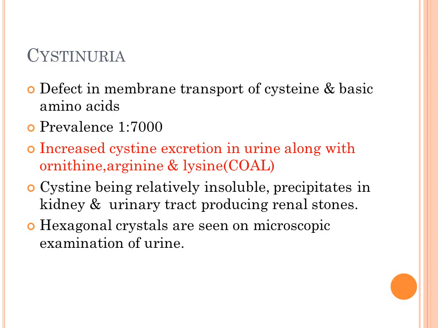As we have seen, cysteine can be converted to cystine, so whenever an excess of cysteine is there, it gets converted to cystine. Being more insoluble, it will start precipitating in the kidney as well as the urinary tract, producing various renal stones. And these renal stones which have cystine in them are seen as hexagonal crystals when you do the microscopic examination of the urine.